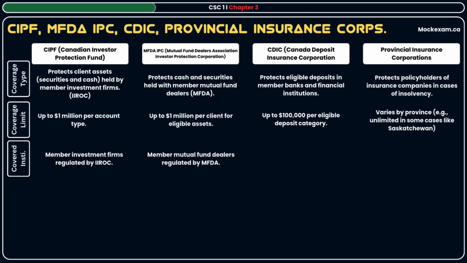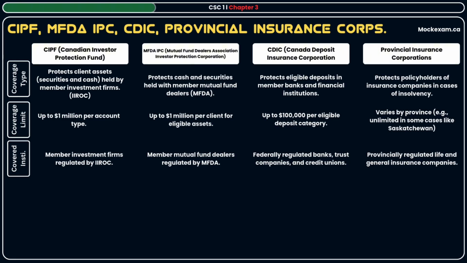The CDIC takes care of those federally regulated banks, trust companies, and credit unions. Provincially regulated life and general insurance companies are taken care of under provincial insurance corporations.